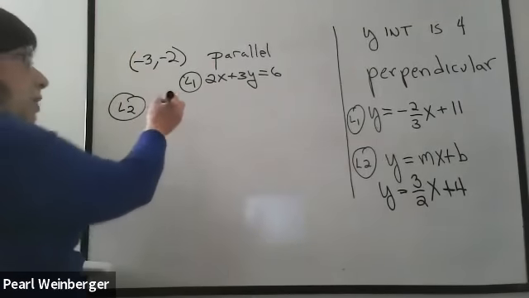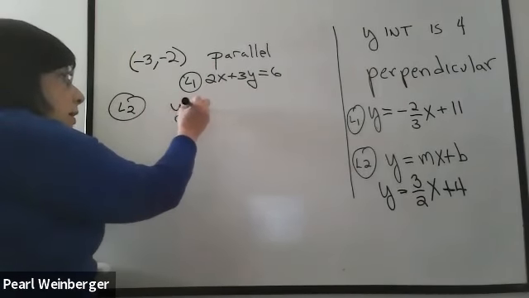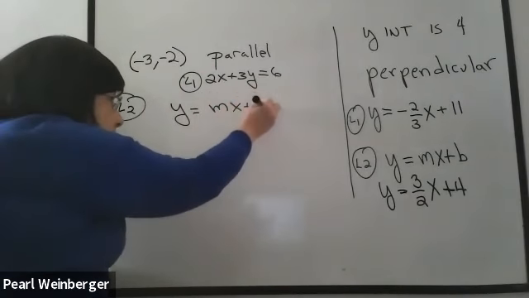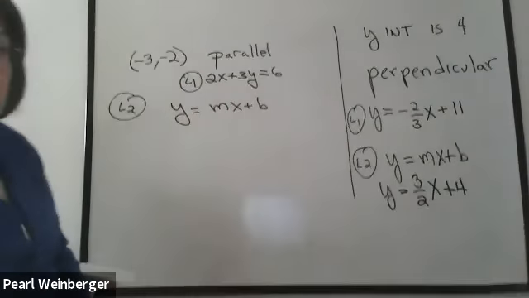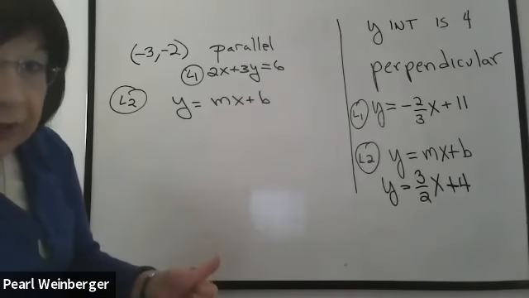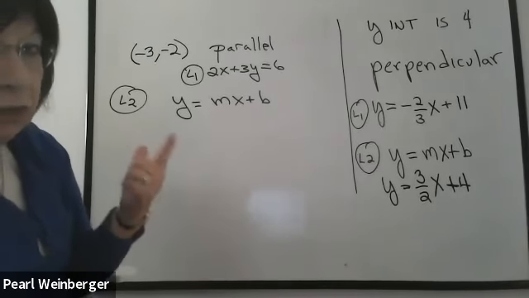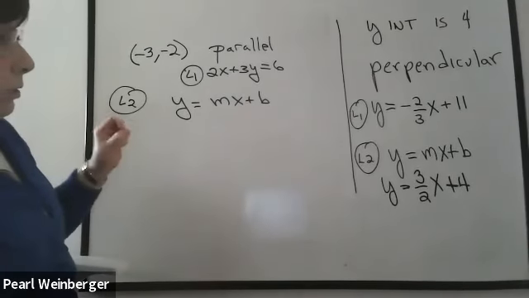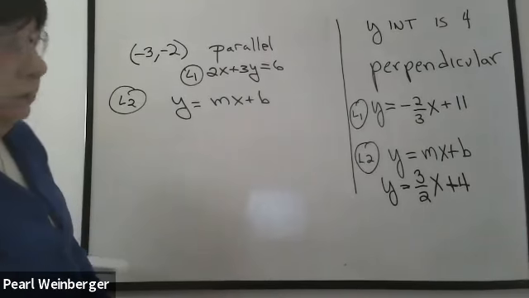Again, whenever I want to write the equation of a line, I'm doing y equals mx plus b. I want to find the slope of my new line, and I want to find the y-intercept of my new line. The slope is what I work on first.